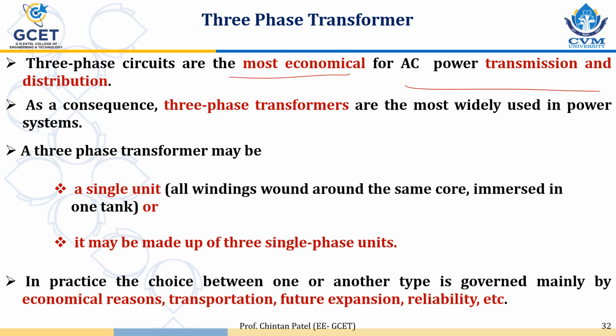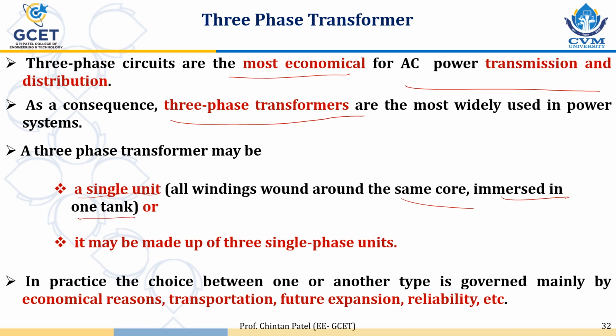As a result, three phase transformers are widely used in place of single phase transformers. A three phase transformer may be made of three single phase transformers connected in three phase, or it may be a single unit, where all the three phase windings are wound around the same core and immersed in an oil tank.